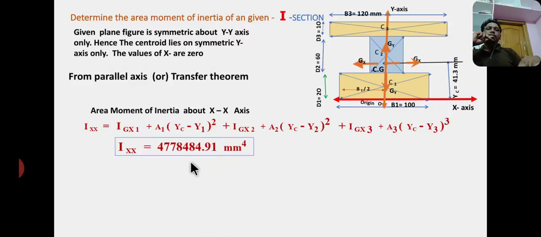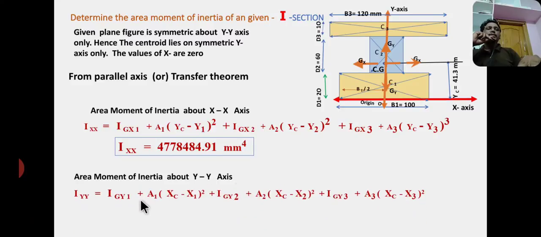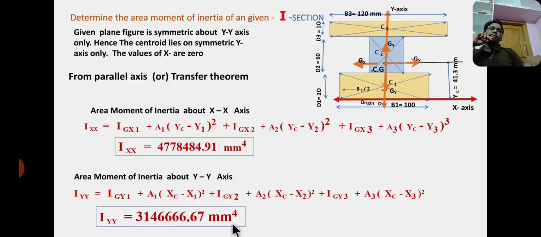So Ixx equal to 4778484.91 mm power 4, and similarly the area moment of inertia about the y-axis, Iyy equal to Igy1 plus A1 into (xc minus x1) whole square plus Igy2 plus A2 into (xc minus x2) whole square plus Igy3 plus A3 into (xc minus x3) whole square, and the answer is Iyy equal to 3146666.67 mm4.